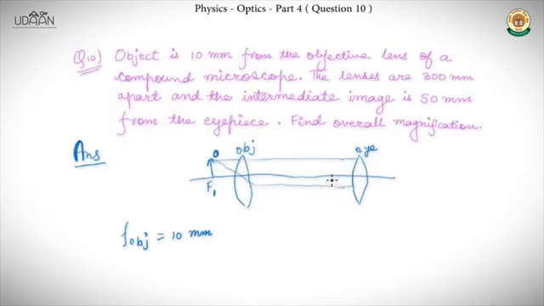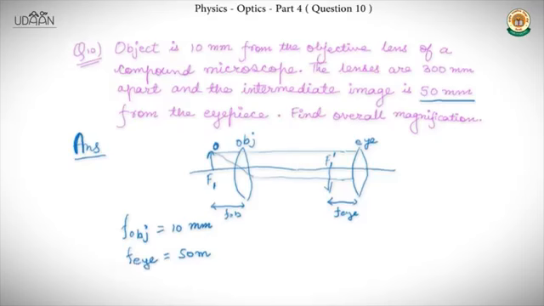So this will form an image somewhere here which will also be inverted. This is the focal length of the objective, and this is the focal length of the eyepiece. Since in the question the distance of the intermediate image is given from the eyepiece, we could directly conclude that the focal length of the eyepiece is 50 mm.